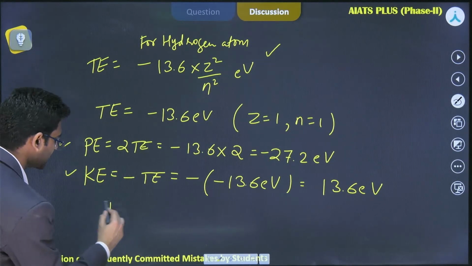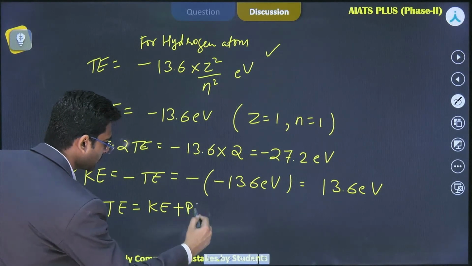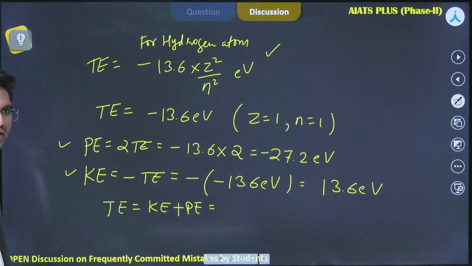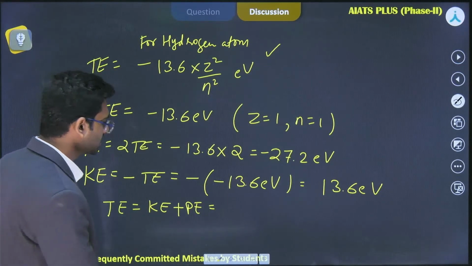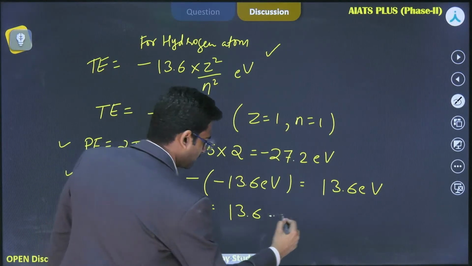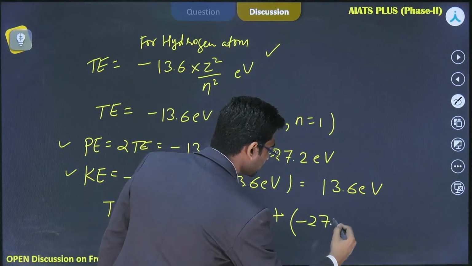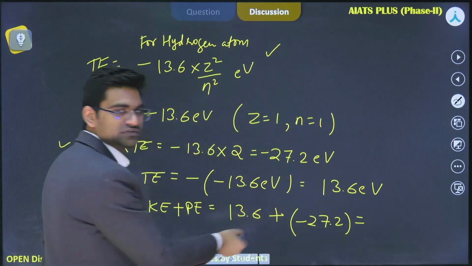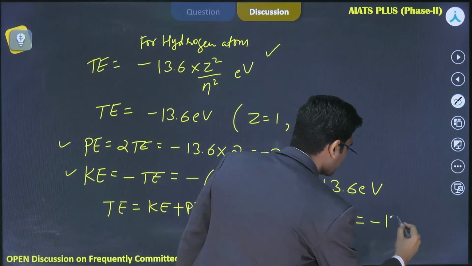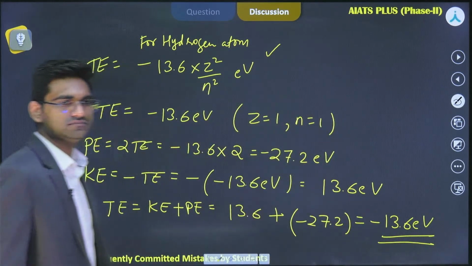Now I can also write total energy as kinetic energy plus potential energy. So kinetic energy is 13.6 electron volt plus potential energy, which is minus 27.2. The summation of this gives 13.6 electron volt in negative.